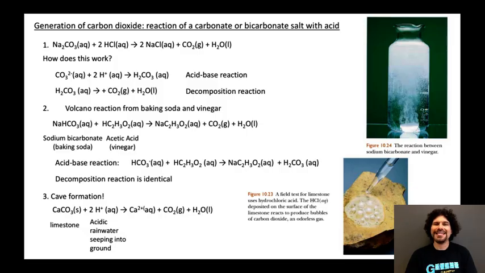So in natural sources, we're not actually generating HCl, but we all know that there is acidity in our rainwater. I'm not going to get into the details of exactly what acids are reacting, but I'm just going to put into this equation H+. So that acidic rainwater seeps into the ground and eventually makes its way down, in some cases, if the landscape is right, to a limestone layer.